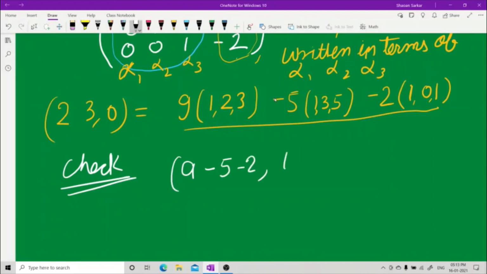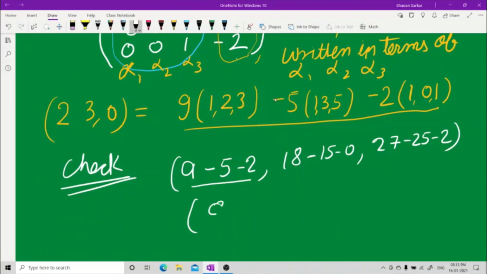Now you have 9 twos are 18, minus 15, minus 0, and then 9 threes are 27, minus 25, minus 2. You can see this comes out to be 9 minus 7 is 2, 18 minus 15 is 3, and 27 minus 27 is 0, so this comes out to be 2, 3, 0.